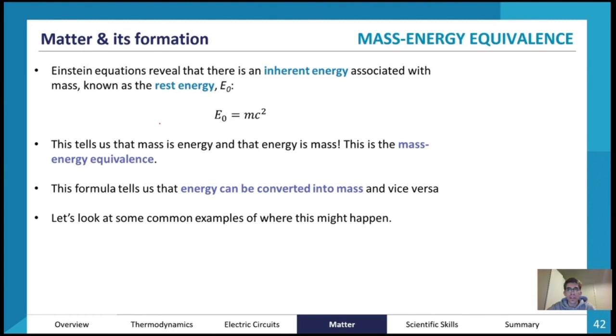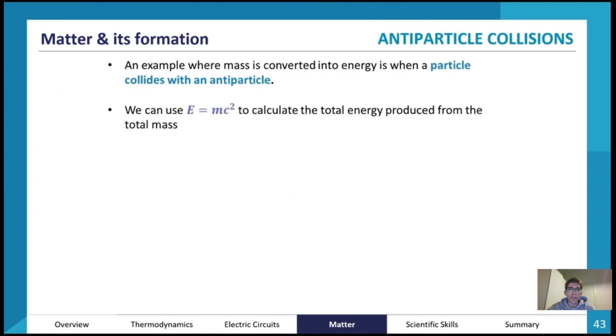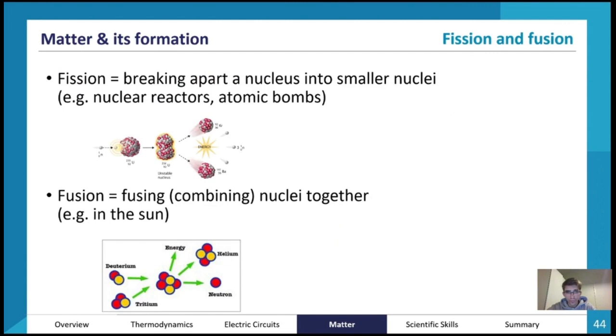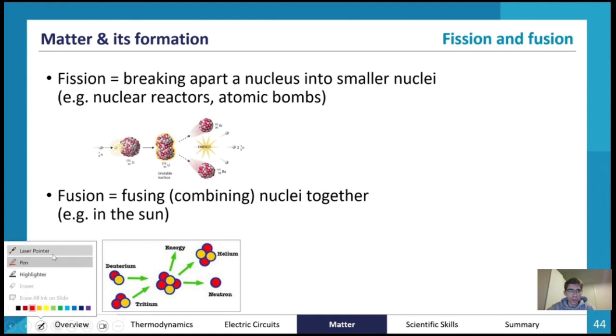It revealed that there is an inherent energy associated with mass. So when we look at fission and fusion reactions, fusion is the case where two particles collide with one another to form a bigger particle, and fission is when a bigger particle breaks down into two smaller particles.